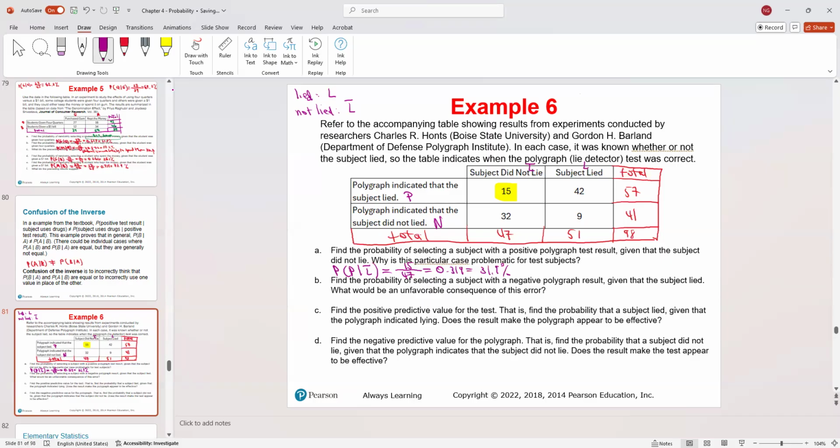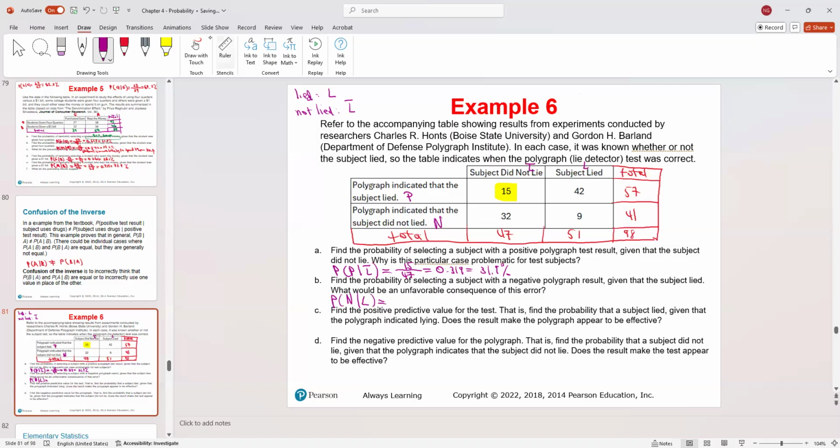Okay, find the probability. For B, it says find the probability of selecting a subject with a negative polygraph, given that the subject lied. I put L. You see, it's what when it's when.